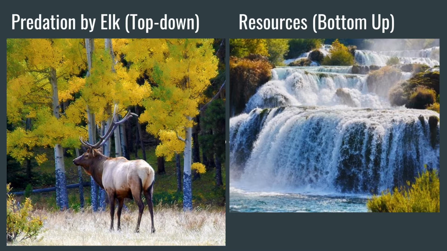The elk were able to bite the leaves and the tips off of the young aspens that they could reach, which really limited their growth, so that would be an example of top-down structure. And then for bottom-up structure, the resources that aspens compete for all the time are water and light.